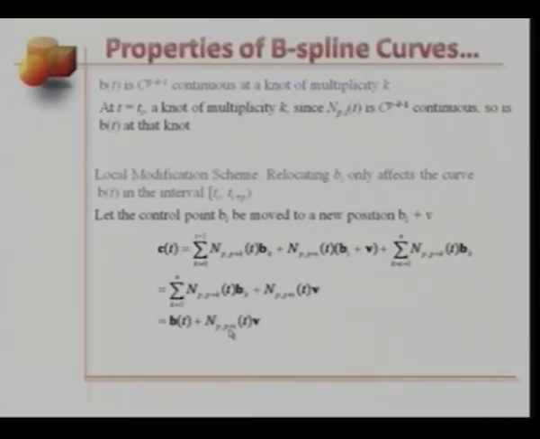So for values of t in between t_i and t_i plus p, this term here will be non-zero. This is the interval. So in a sense, the shape of the curve will be locally influenced only for values of t in this interval. Otherwise, the shape of the B-spline curve will remain unchanged.